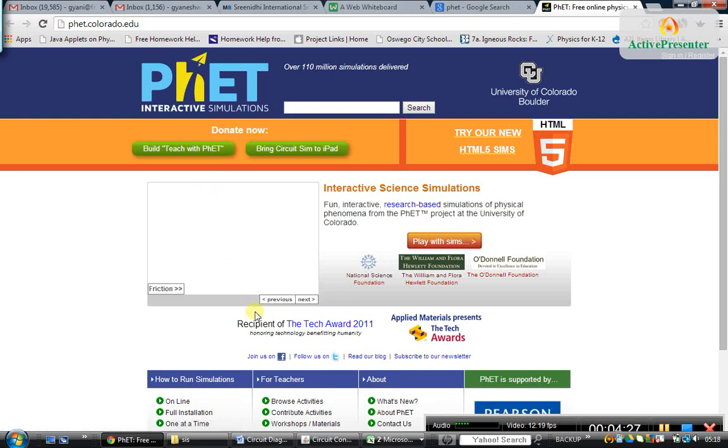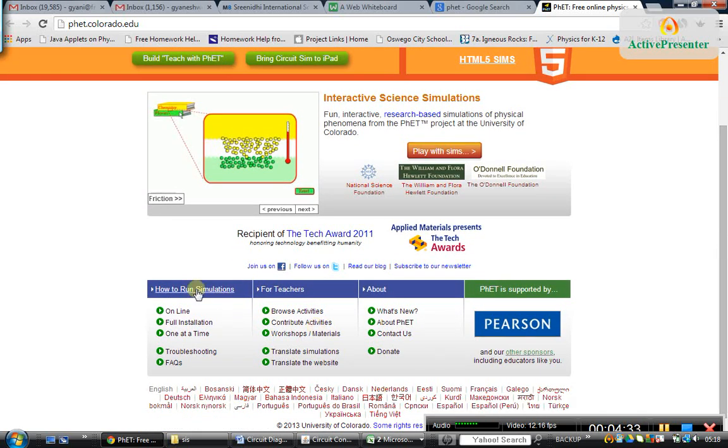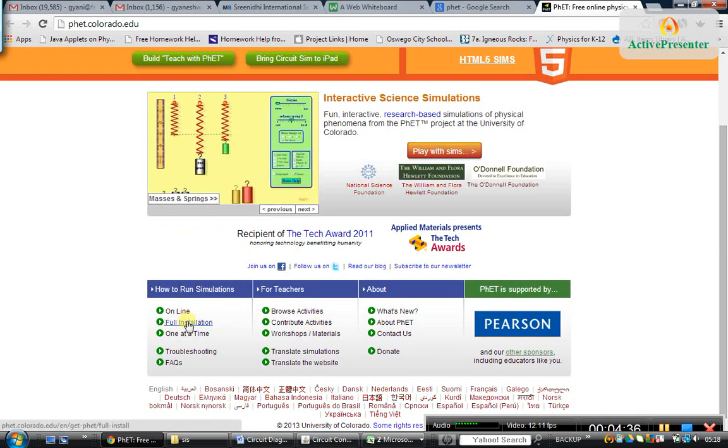And many of you have faced difficulties in installing it. So this is how you have to click on full installation and then follow the instructions and install it. Okay, it's self-explanatory.